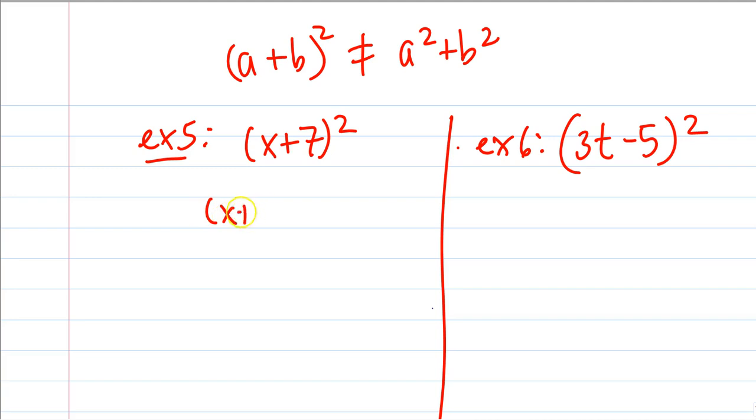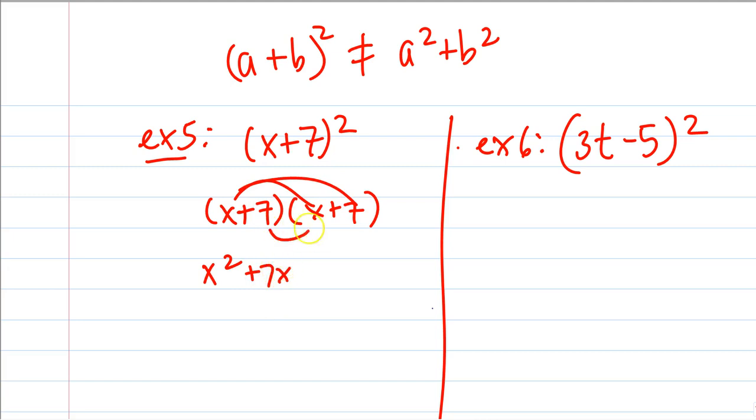How about x plus 7 times itself? The x and the x make x squared, then we have plus 7x plus 7x plus 49. So we have x squared plus 14x plus 49.